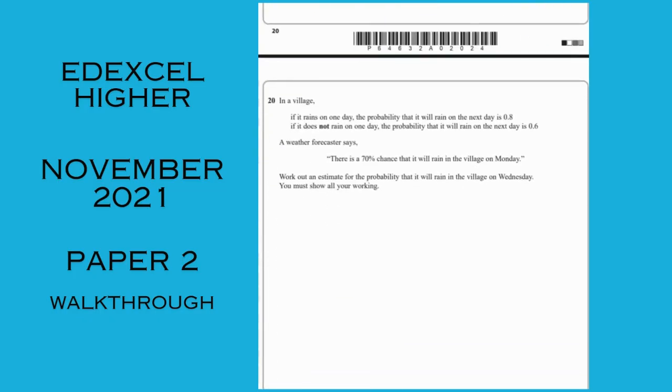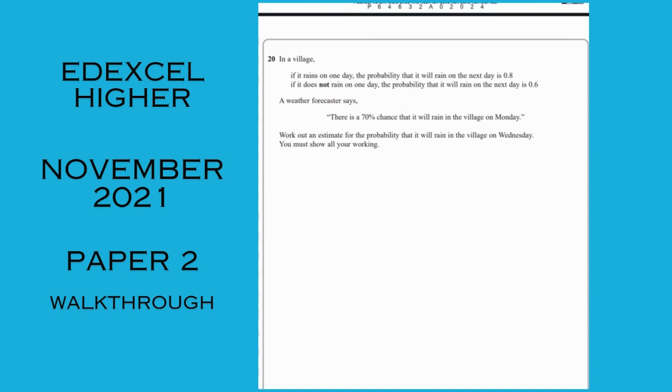Number 20, we have a village and we have some probabilities and we've got to do some thinking. It's quite a one with lots of complex things. So work out an estimate that it will rain on Wednesday. So let's look at Monday, Tuesday and Wednesday. We are only interested in rain on Wednesday. So what could happen on Monday, Tuesday?